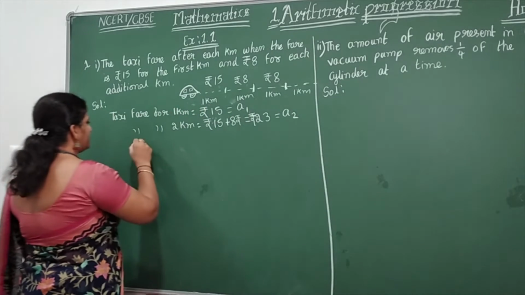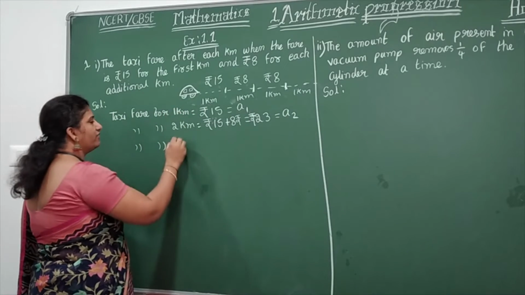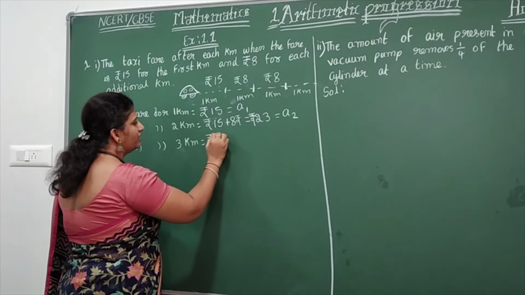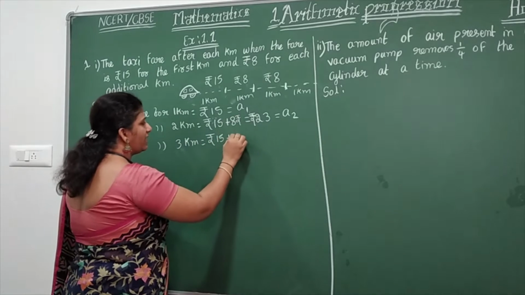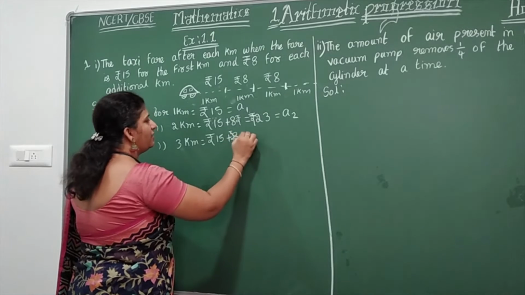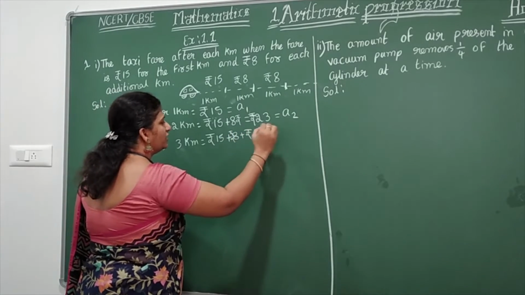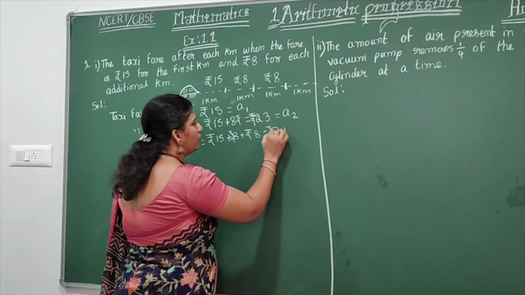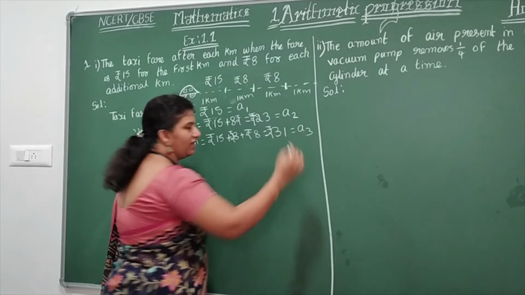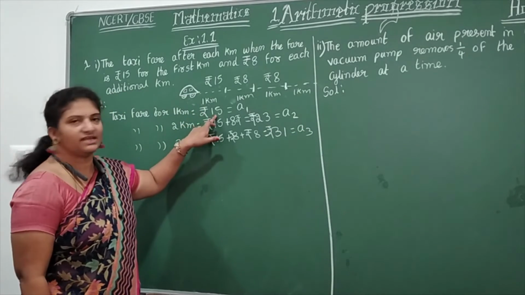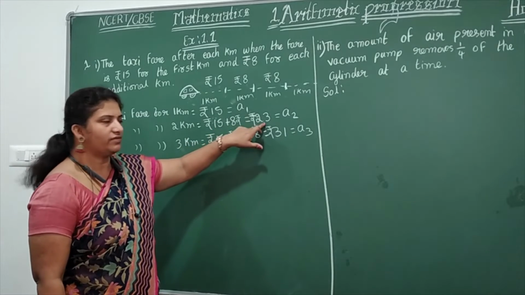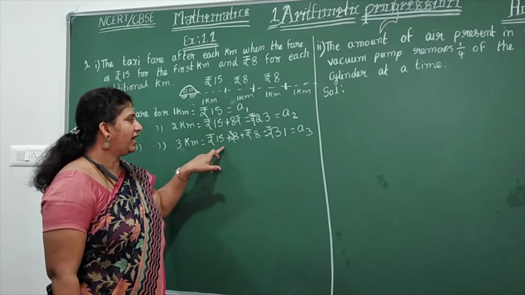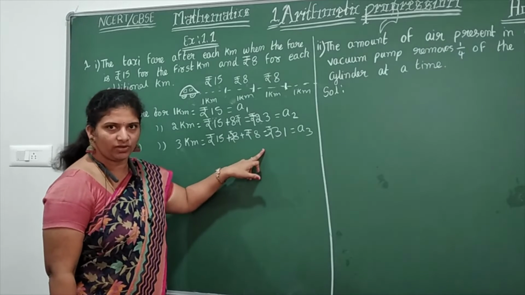A2. In the same manner, taxi fare after 3 kilometers: 15 plus 8 rupees plus 8 rupees. Total, how much will it be? 31 rupees. That will be A3. See, children, easily 15 plus 8. After the second kilometer, this one is paying 23 rupees. So directly you can write 23 plus 8 also.